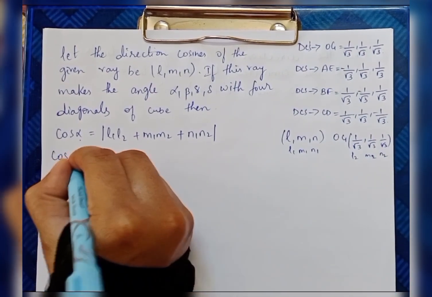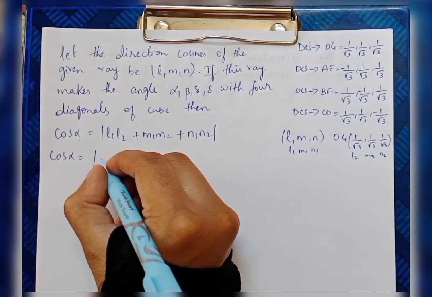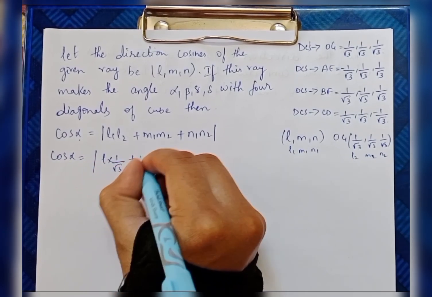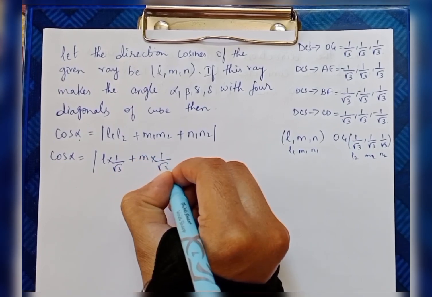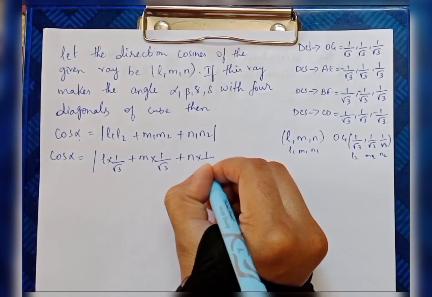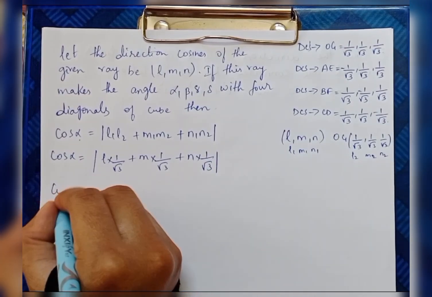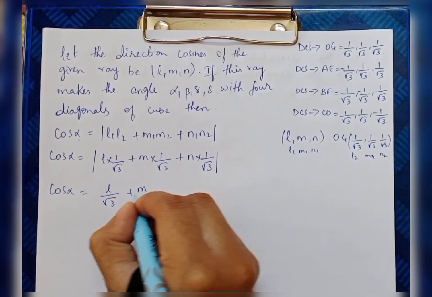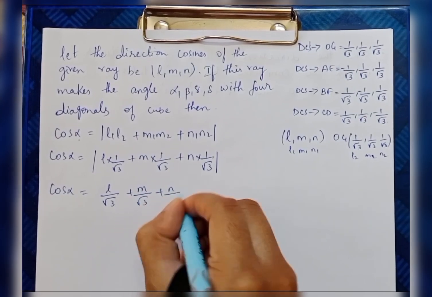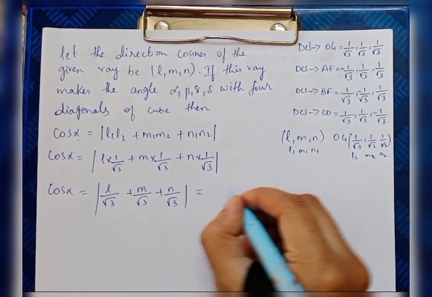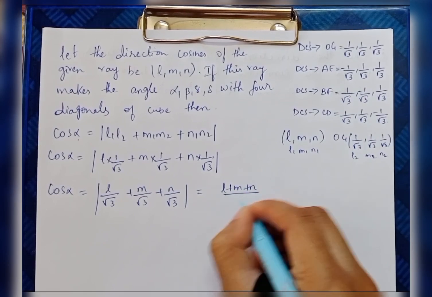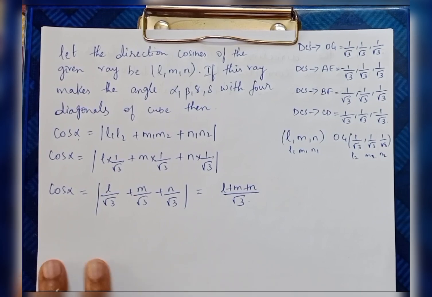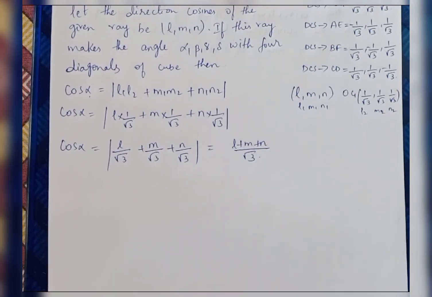Substituting here, cos alpha is equal to mod of l into 1 by √3 plus m into 1 by √3 plus n into 1 by √3. So cos alpha is equal to l by √3 plus m by √3 plus n by √3. So we can write it as the whole of l plus m plus n by √3 is the value of cos alpha.